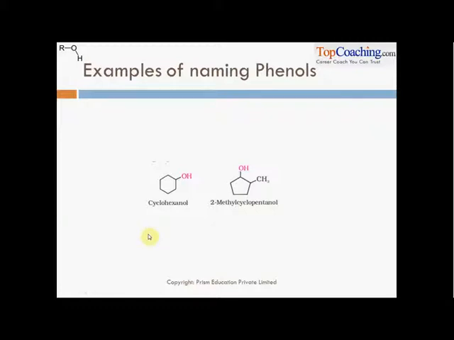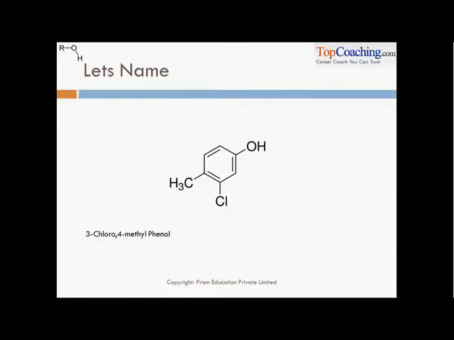So in this case, since we prefix with cyclo, we get cyclohexanol. Now here, numbering starts from OH. We have a methyl group at position 2, so we name this as 2-methyl cyclopentanol.